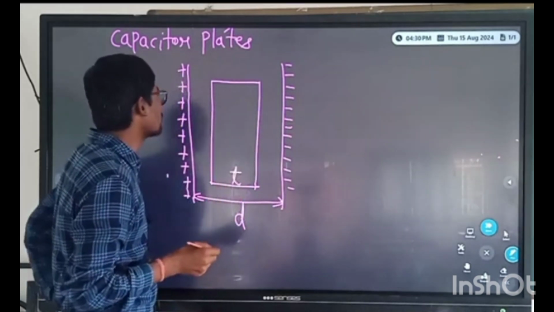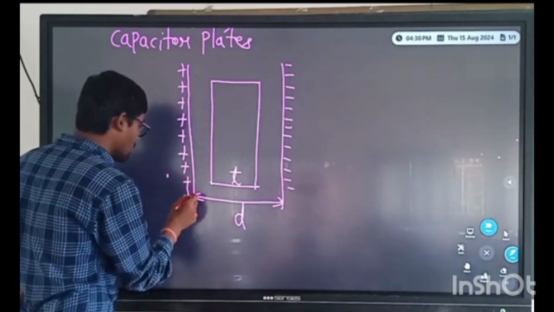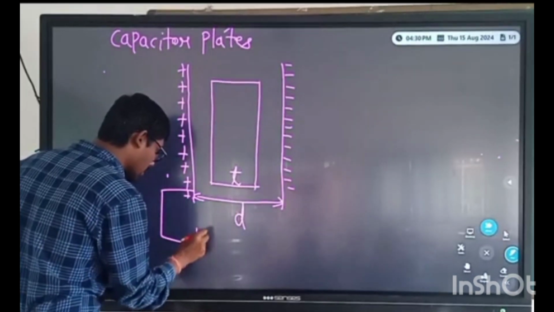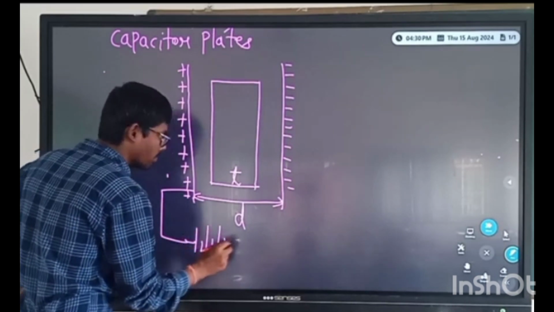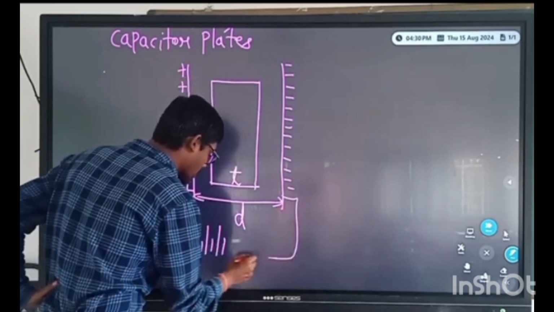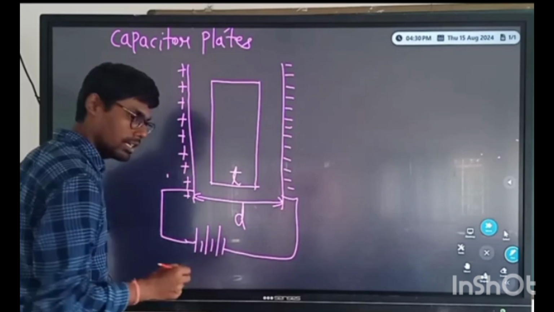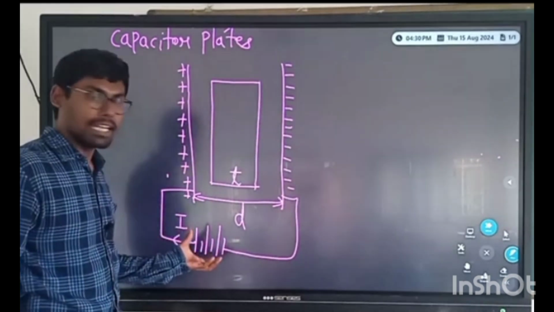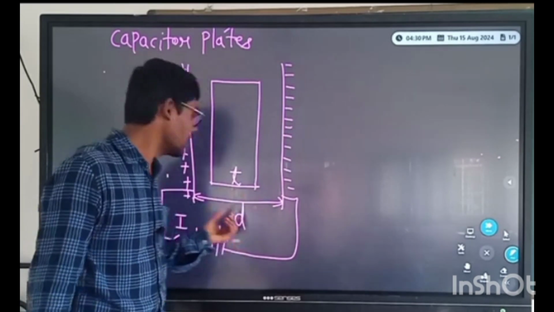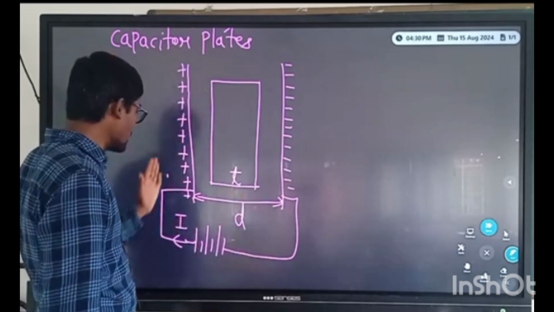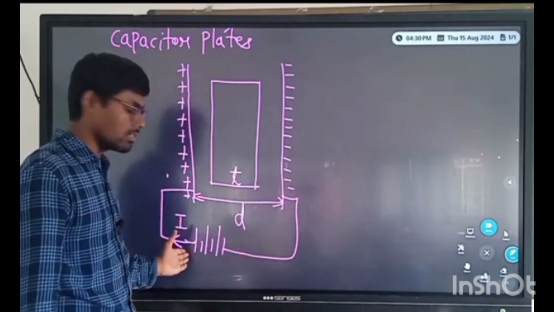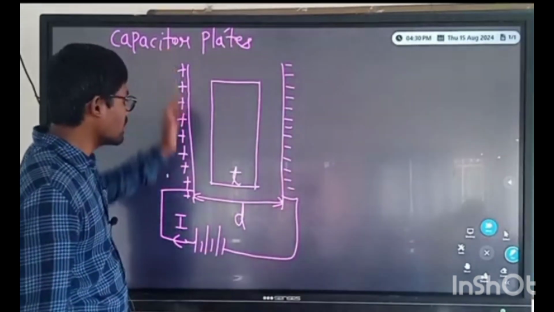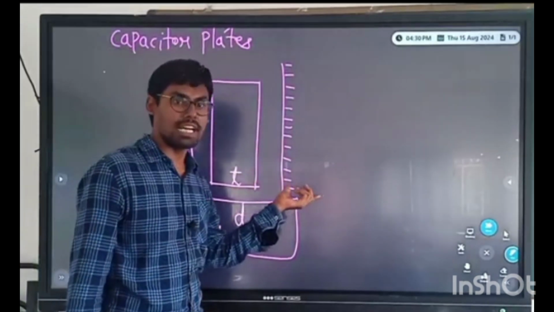This is connected to a battery. Two plates of the capacitor are connected to the battery. Current is going from here. So when we connect the two capacitor plates with a battery, since this is connected to the positive terminal, it will become positively charged, and this will become the negatively charged plate.